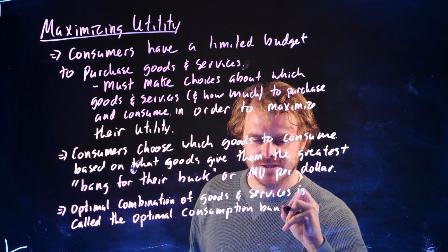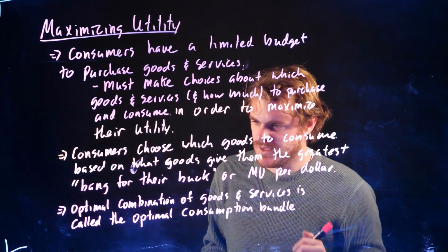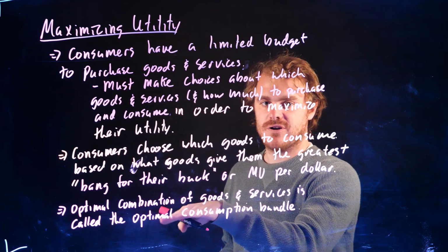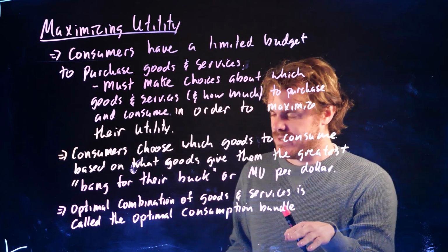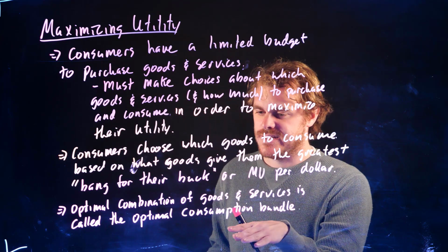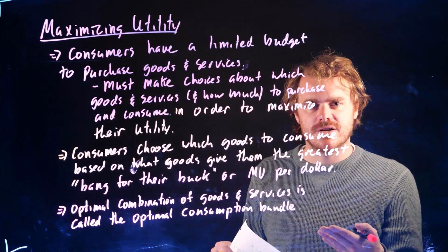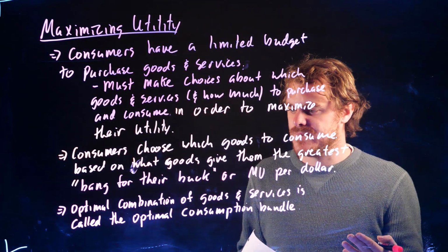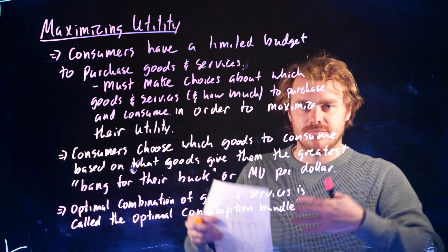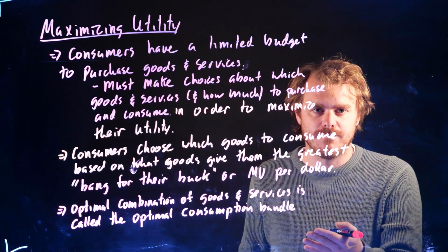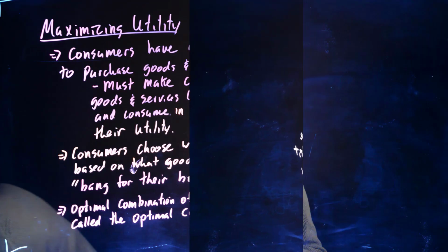So they're bundles of goods, and it's going to be optimal because it maximizes your utility. So the combination of goods and services that maximizes their total utility, we're going to call that group of goods and services the optimal consumption bundle.